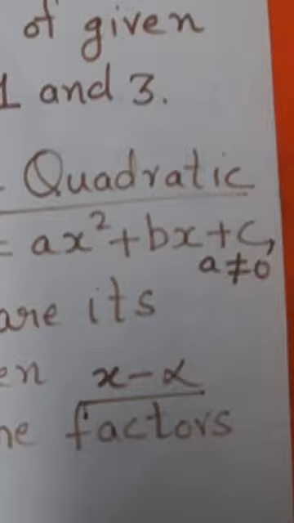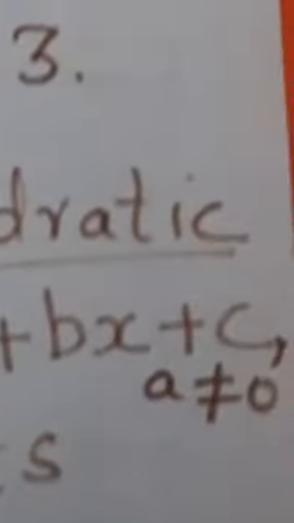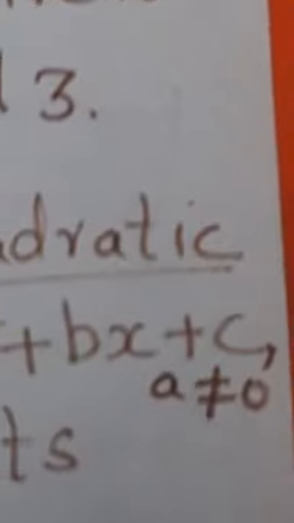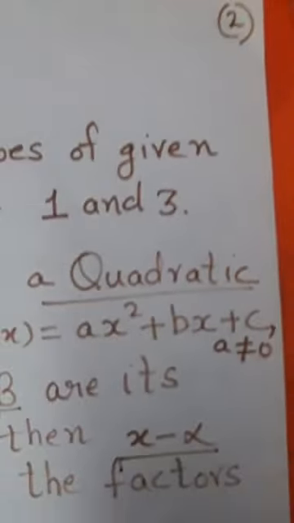As it is a quadratic polynomial, if a becomes 0, the whole term ax² becomes 0, as 0 multiplied by x² is 0. Then we are only left with bx + c. It will not remain a quadratic polynomial anymore; it becomes a linear polynomial. Therefore a will never be equal to 0, as it would change the degree of the polynomial.